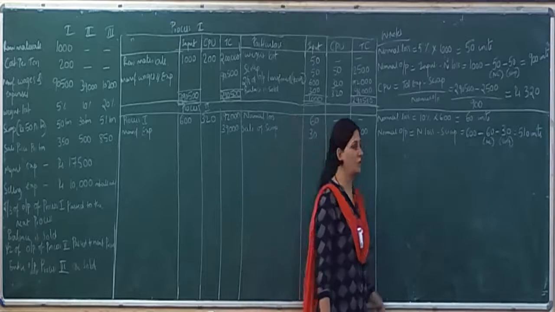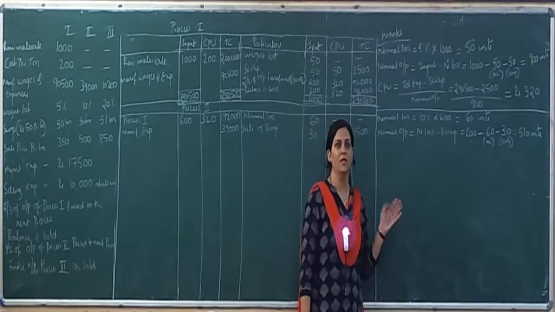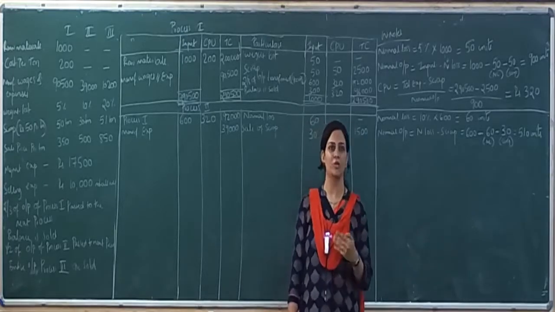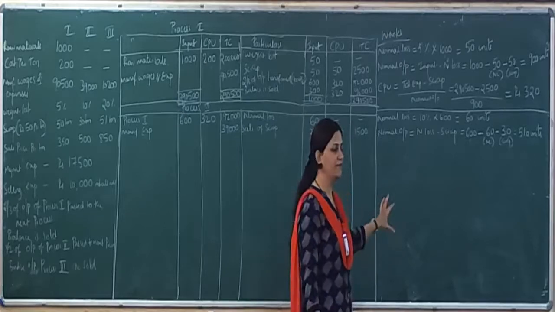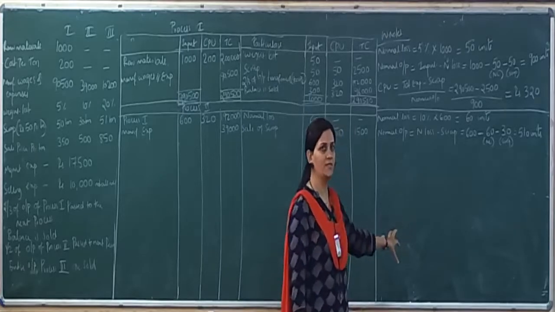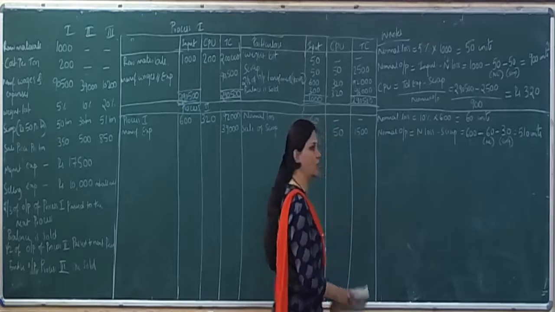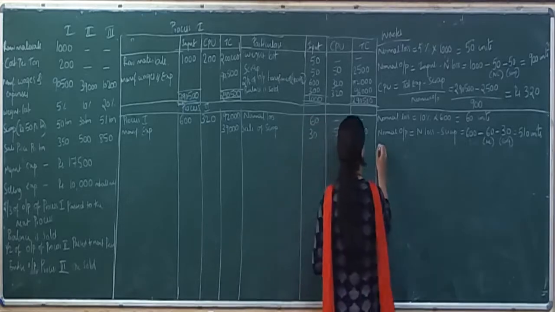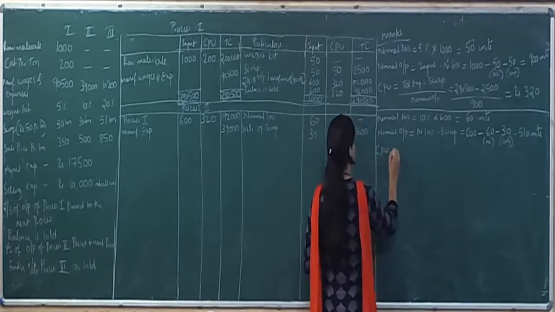Usually we find out what is abnormal gain or loss, if any, but since in this problem actual output is not given, we cannot find out abnormal gain or loss. So directly we can go to find out the cost per unit.